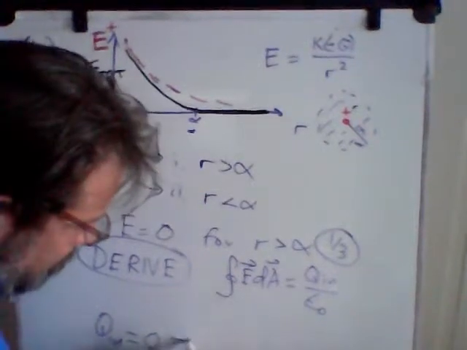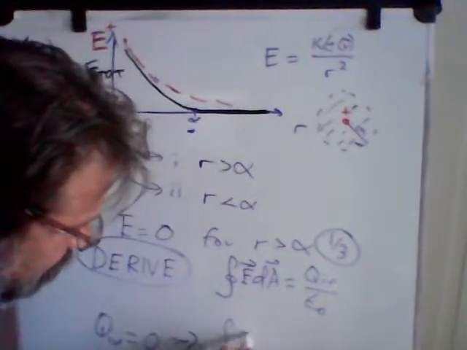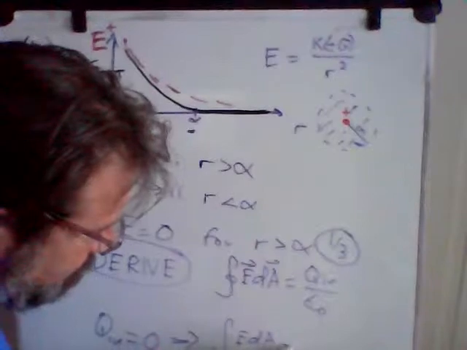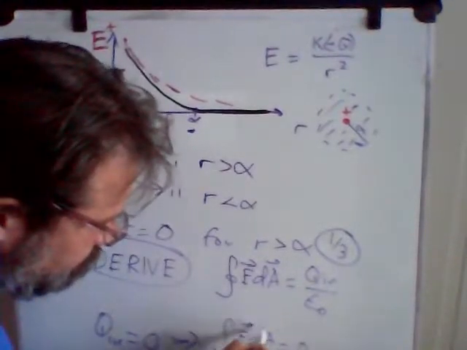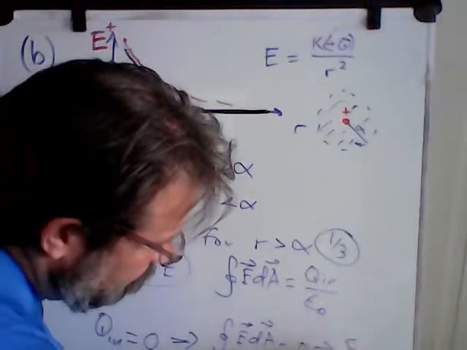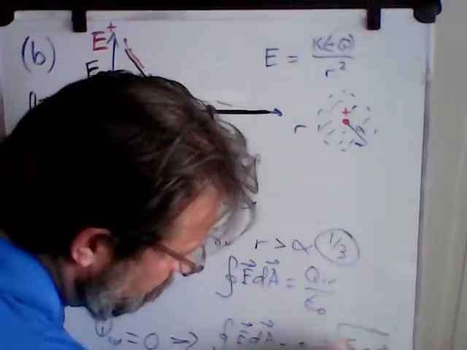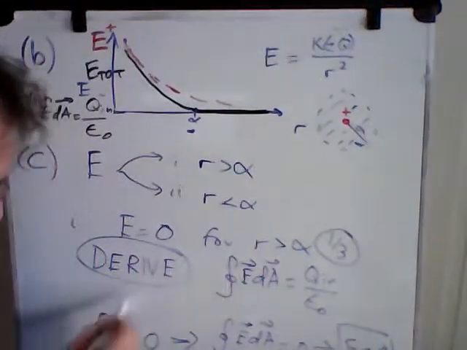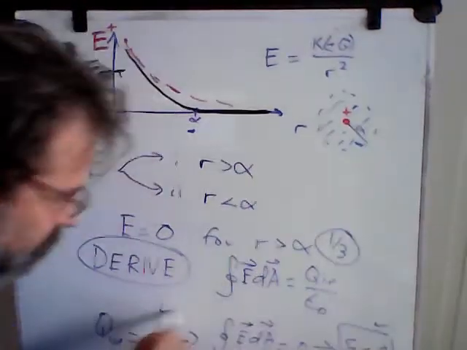So that means that the integral of E dA is equal to zero, and that means that the electric field is equal to zero. And now we have gotten our full points.